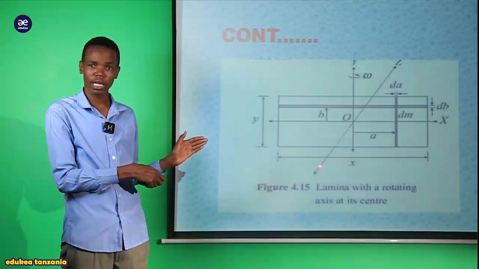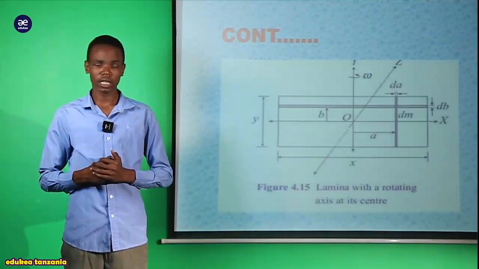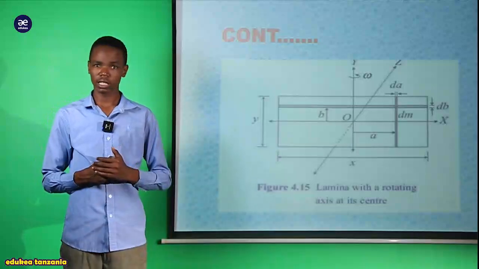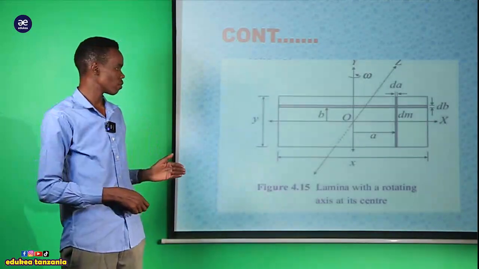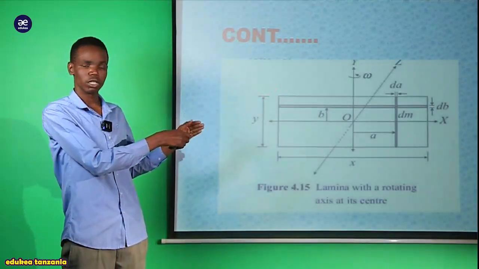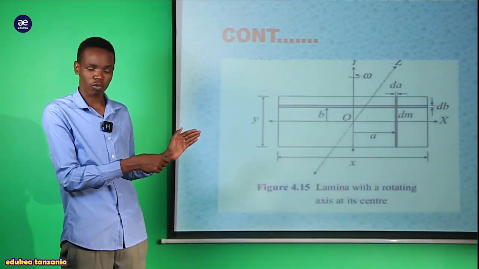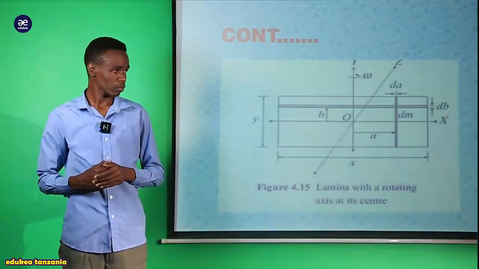The length of the lamina, from this point to that point, is represented by the x axis. And also, my dear student, the distance from this point to this point, which is the width of the lamina plane, is equal to y.